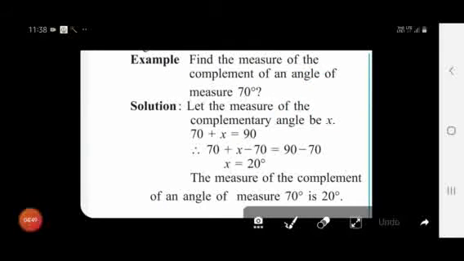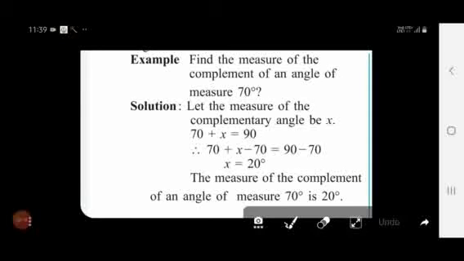Based on the concept of complementary angles, several questions can be asked. In one type, they will give you one of the angles and we have to find the complement of that angle. For example, find the measure of the complement of an angle of measure 70 degrees.